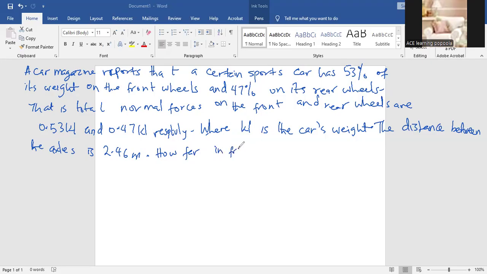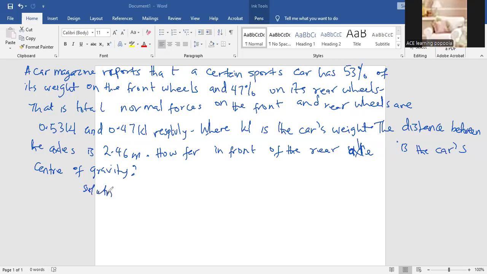How far in front of the rear axle is the car's center of gravity? Okay, so like I always say, make a sketch first. Make a sketch. So let's just draw a car.